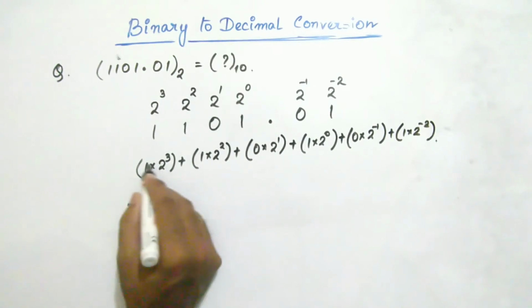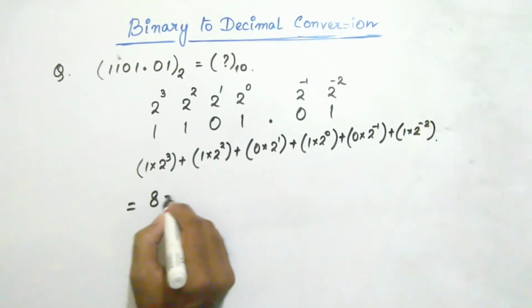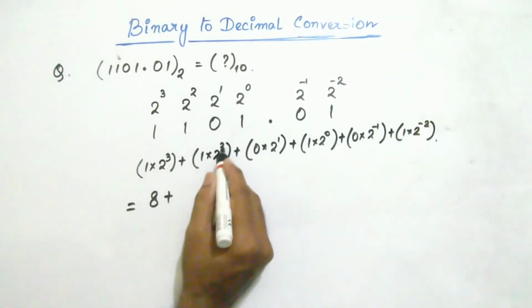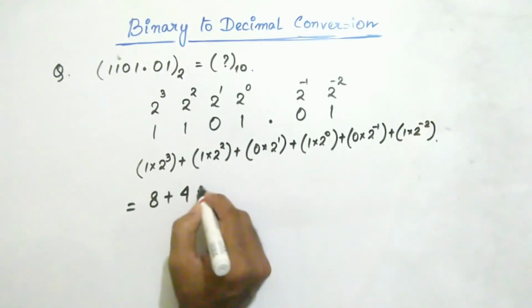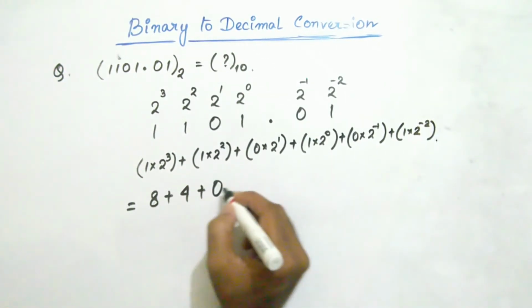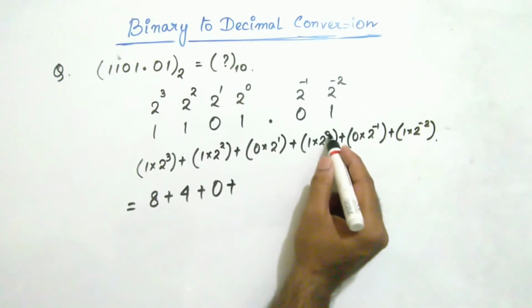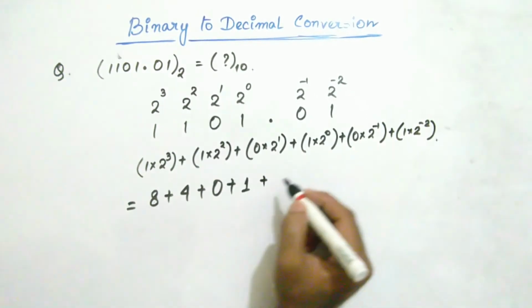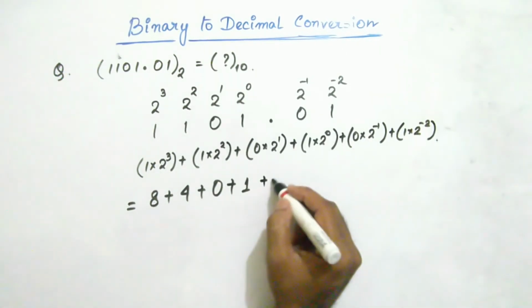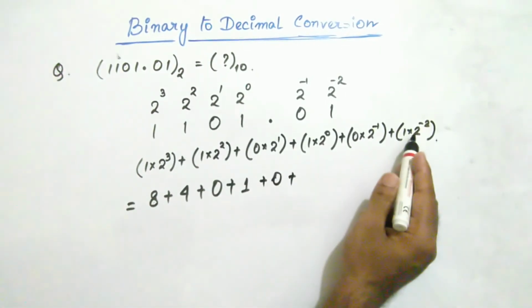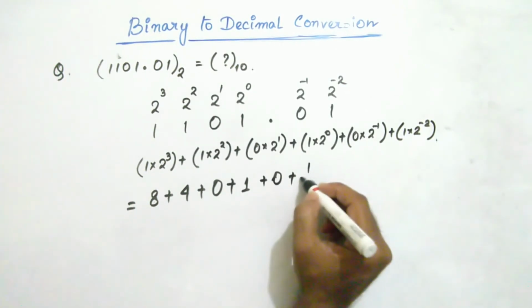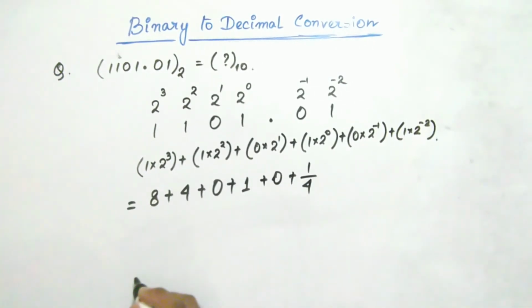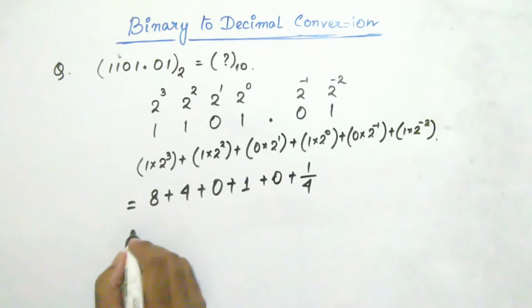So here 2 to the power 3 multiplied with 1 means 8. 2 square multiplied with 1 is 4. Anything multiplied with 0 is 0. Anything raised to the power 0 means 1, multiplied with 1 means 1, plus anything multiplied with 0 is again 0, and 2 to the power -2 can also be written as 1 by 2 square, that means 1 by 4.